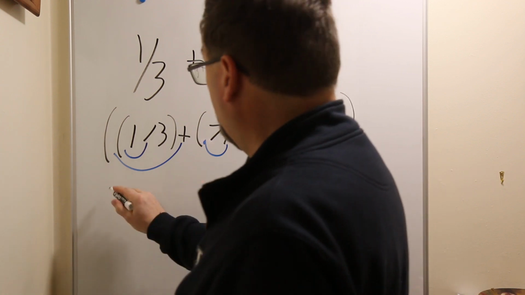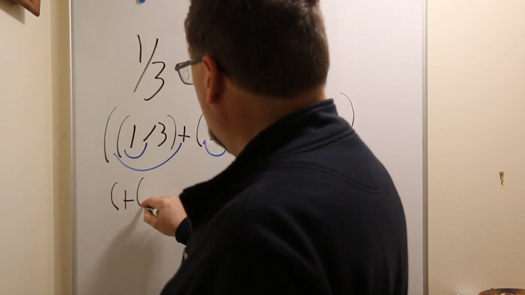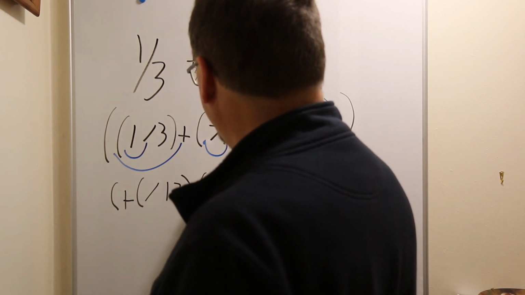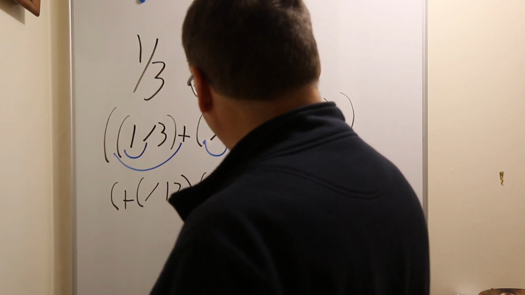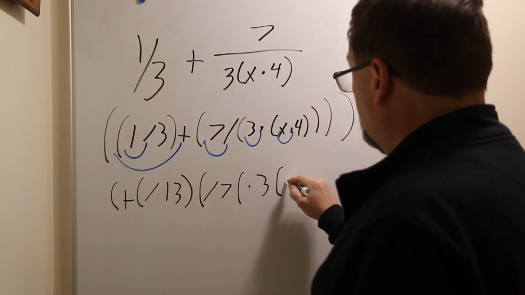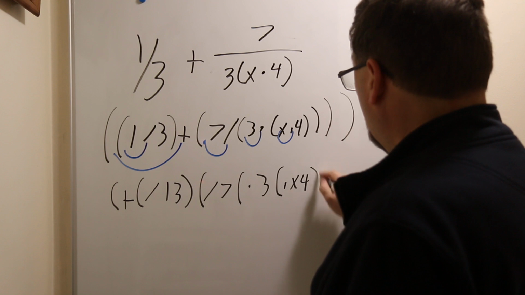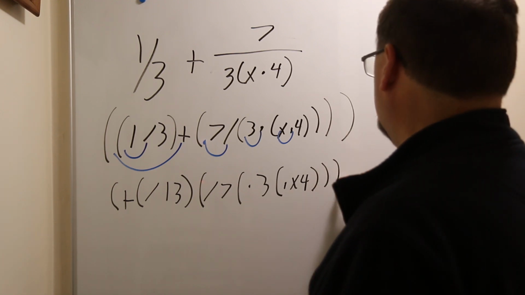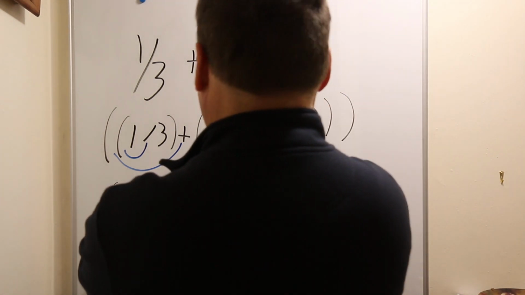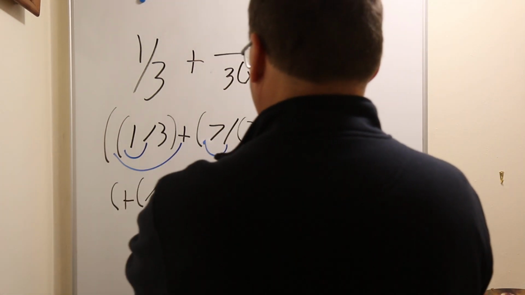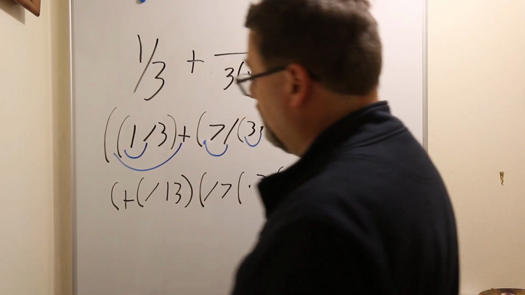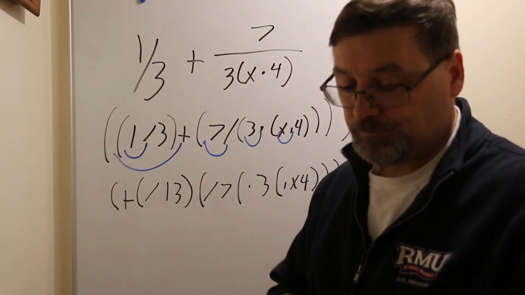So we're going to end up with left plus left divided by 1, 3, right, left divided by 7, left times 3, left times x 4, right, right, right, right. So let's check that. We have 1, 2, 3, 4, 5, and we have 1, 2, 3, 4, 5. So the left and right matches.